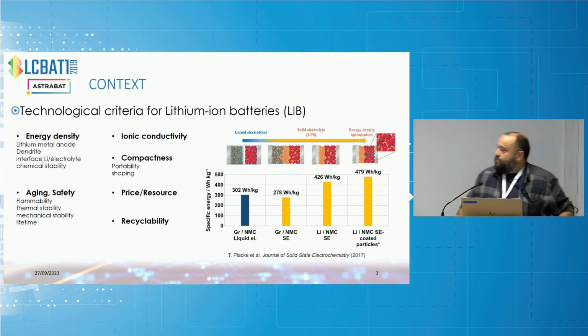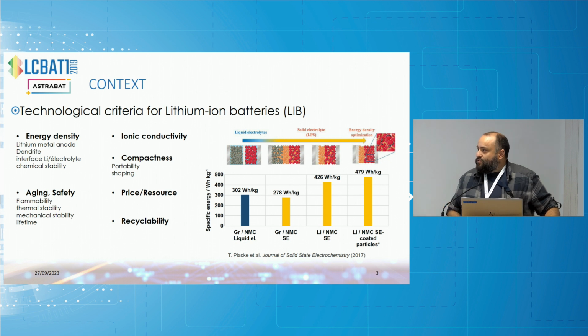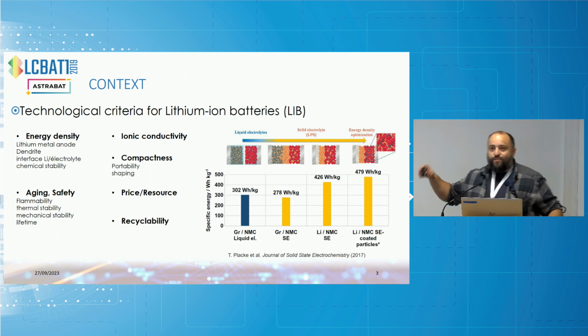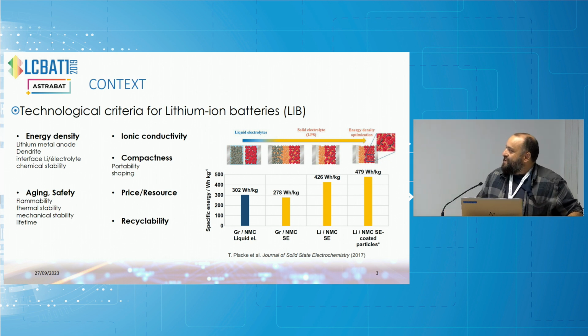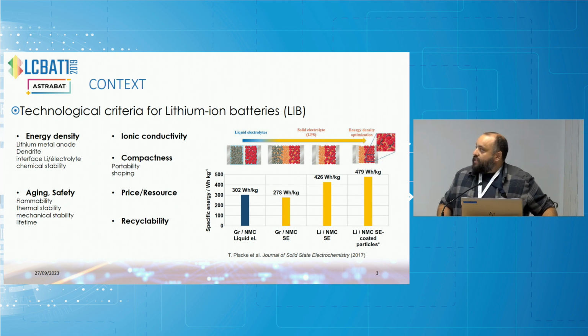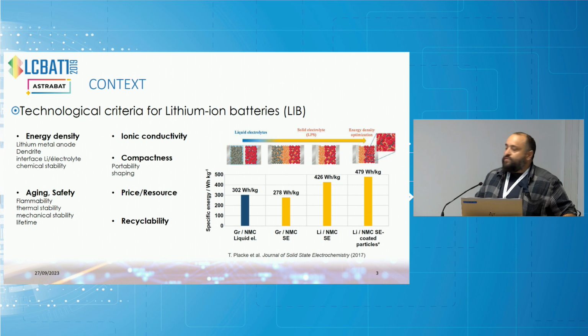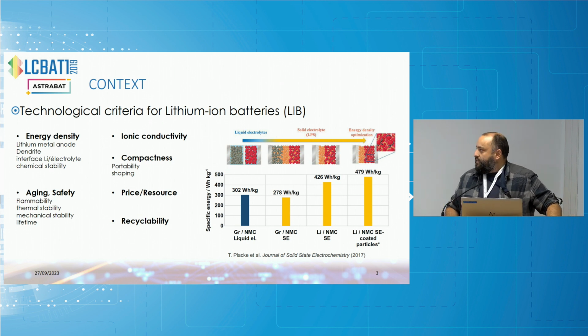So I will talk about hybrid electrolytes and the different microstructures that we have tested in the Astrobot project. This is the frame of battery technology. We want to increase the energy density, so we use lithium metal, and we need solid electrolytes.